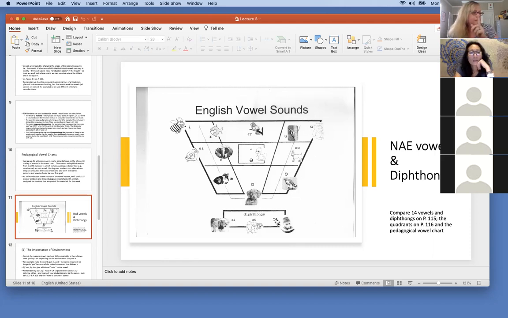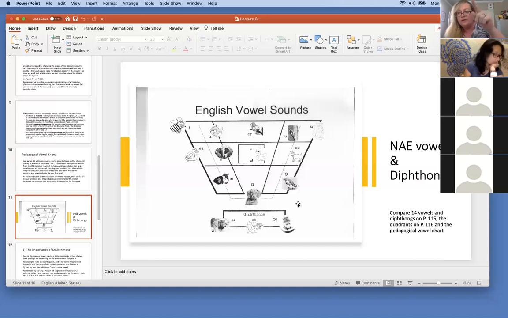Now there is one difference between this one and the one that they present on page 115. So anybody who's looking at page 115, actually there's 2 differences. On page 115, you've got 14 vowels.